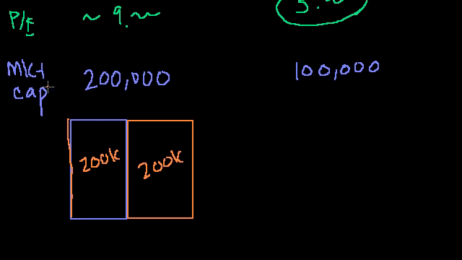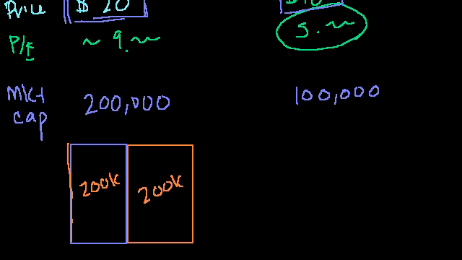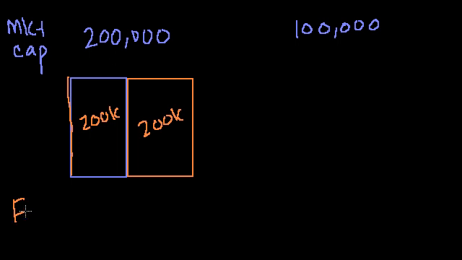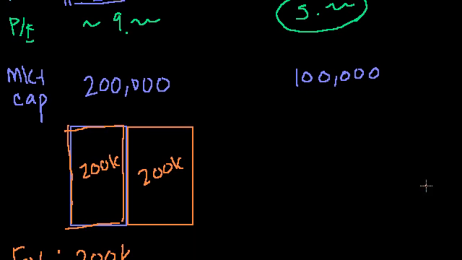So at a price of $20, we know that the market enterprise value, what the market is saying the operating assets are worth, is $200,000. Now in this case, remember, the market is saying that the equity is worth $100,000. Let me draw that. The market is saying that the equity is worth $100,000.